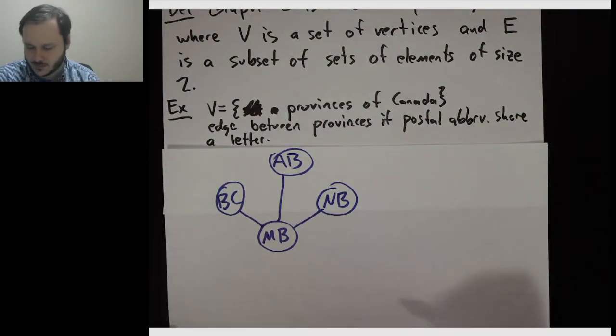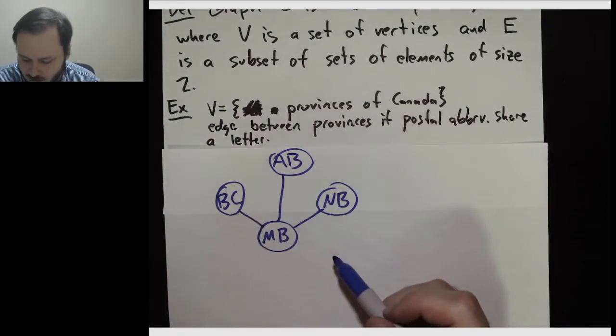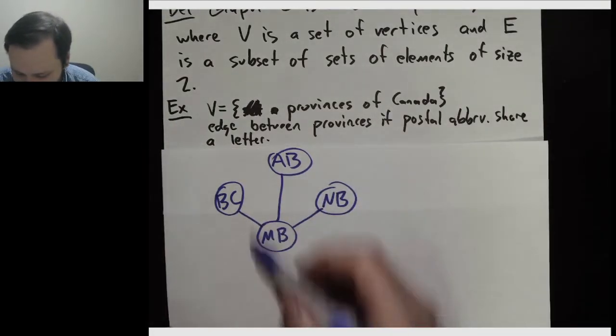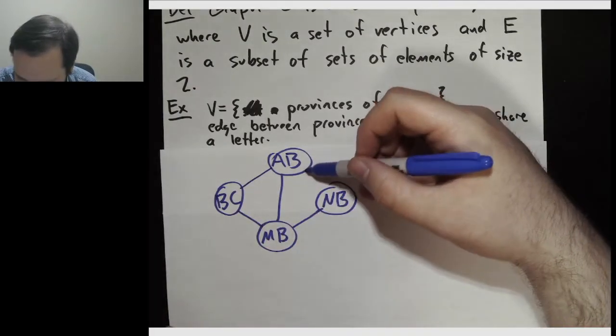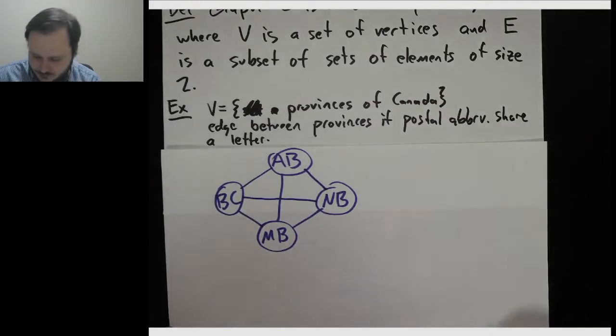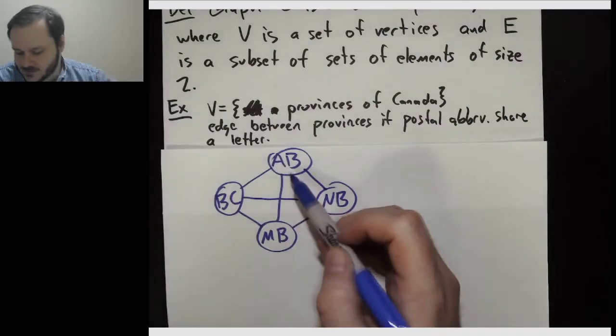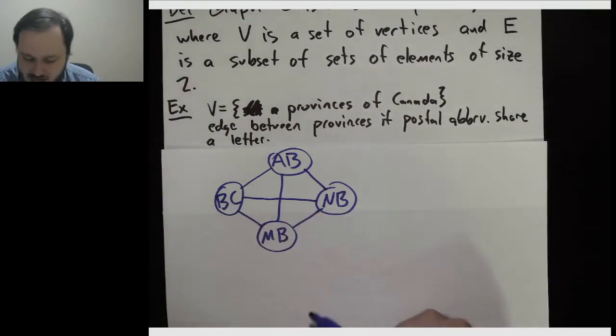Okay. And now I can think about these. These are also all going to have edges between them because they all share a letter. So BC and AB share B. NB and AB share B. BC and NB. And now no other province has A in its abbreviation, but there is another province with a C in it.